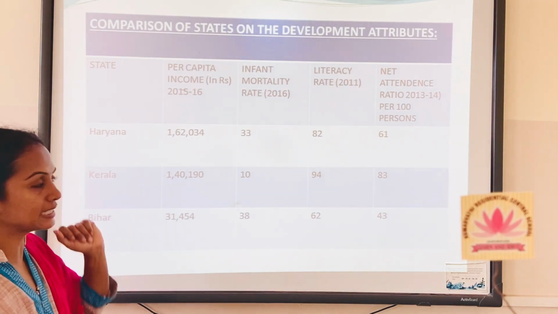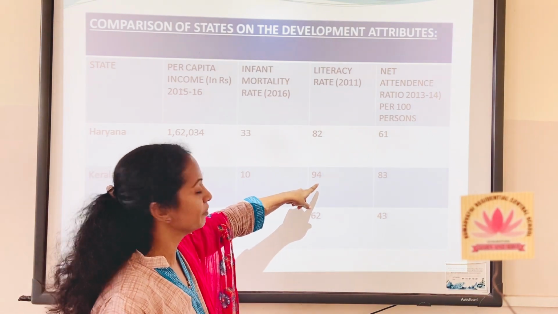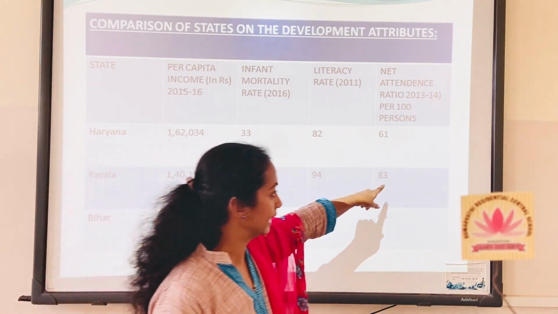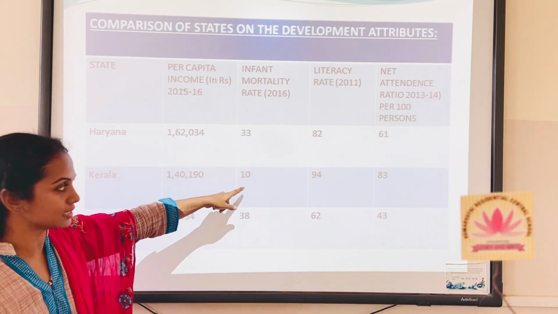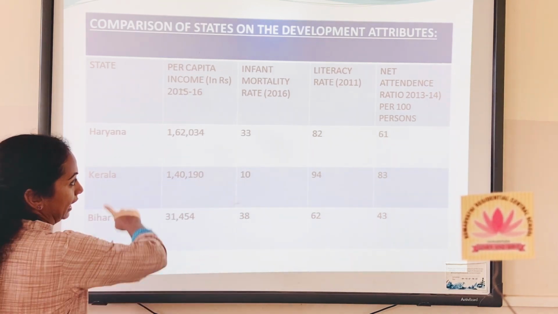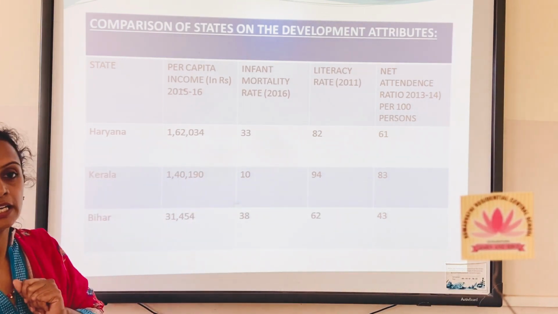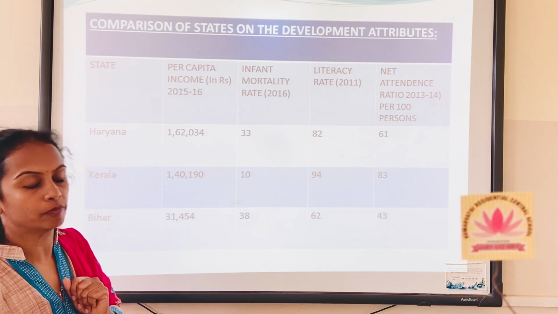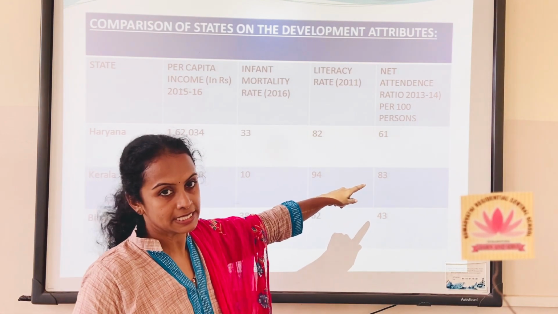You can say it is Kerala. Why is it best? The literacy rate is more in Kerala, 94%. The net attendance ratio is 83 and infant mortality is very, very less, only 10. So, considering the public facilities, Kerala has provided good public facilities. So you can say Kerala is the most developed state.